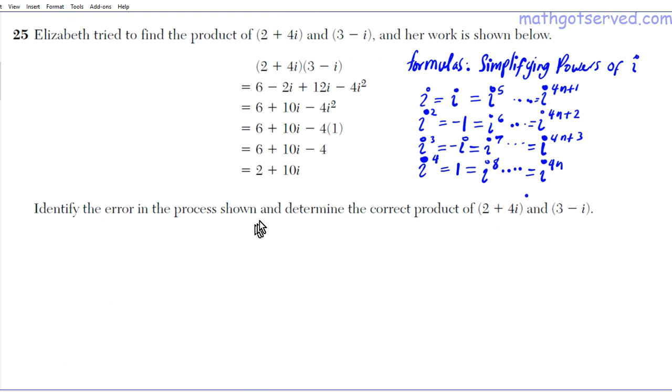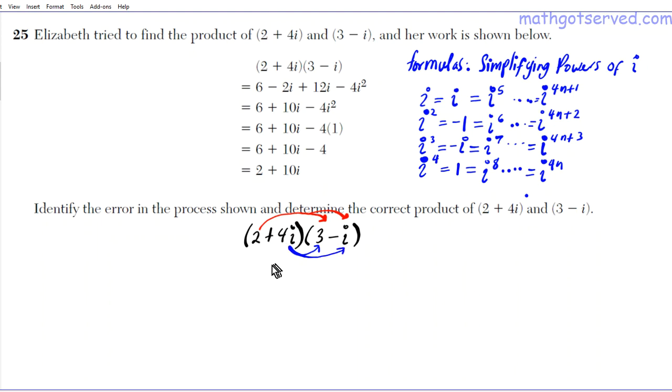Okay, so what I'm going to do is I'm just going to solve the problem and see the point where our results differ. So we have 2 plus 4i times 3 minus i. So we're just going to multiply. We're foiling. We're going to multiply the real part of the first factor with the real part of the second and the imaginary part. And then we are going to take the imaginary part of the first factor and distribute it to the real and imaginary parts of the second factor.